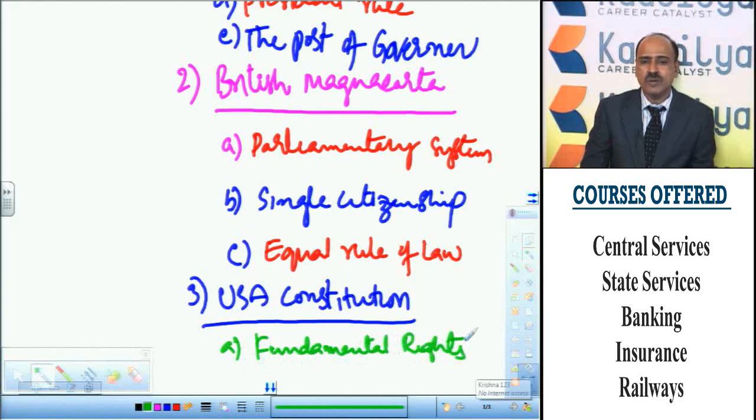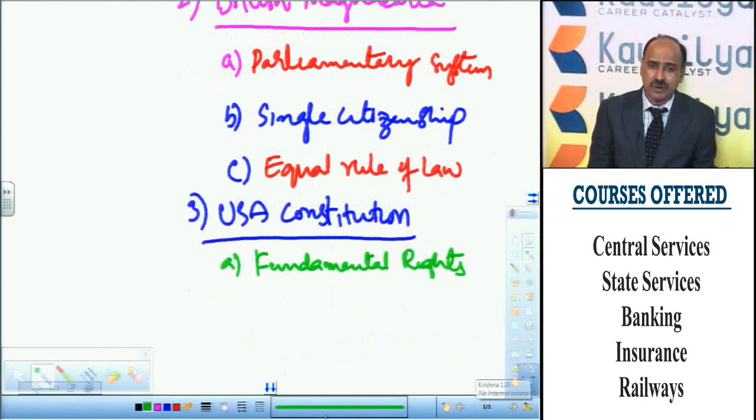We call them fundamental rights. If a person has rights, that person can live freely and comfortably in any country. We borrowed equality, liberty, freedom of religion, right against exploitation, and cultural and educational rights. Some miscellaneous concepts in fundamental rights are borrowed from other countries, but the main source is the American Constitution.